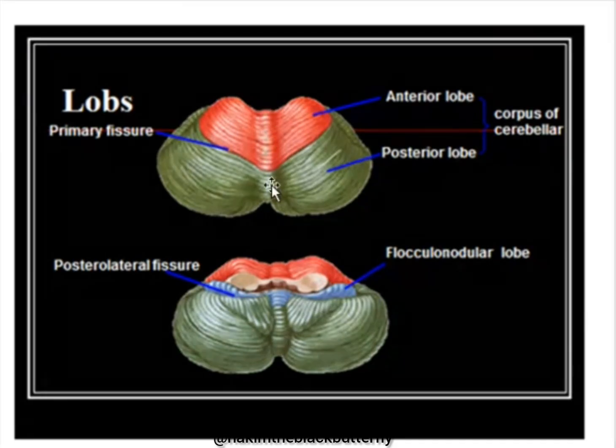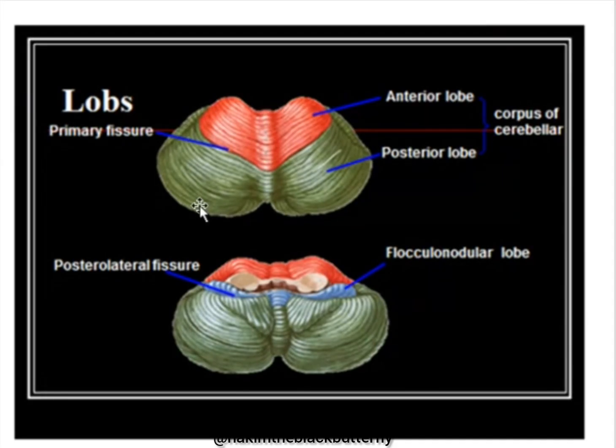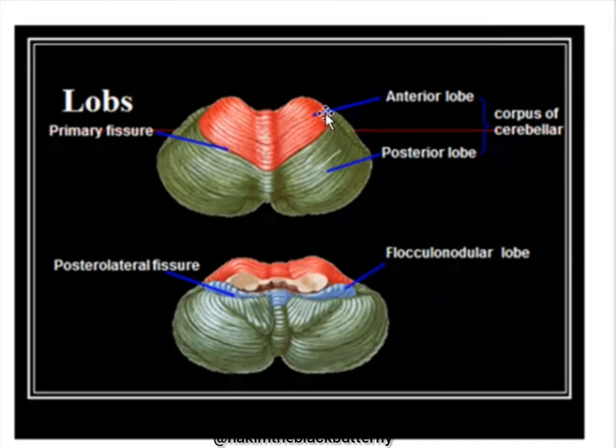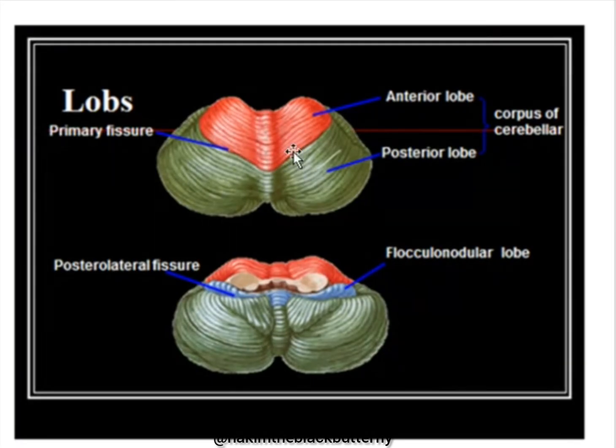Then I will see a fissure at this point. This fissure is known as the primary fissure.